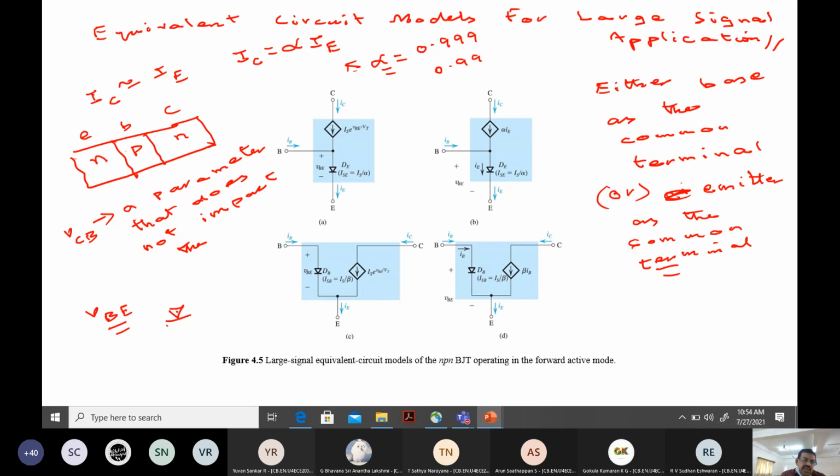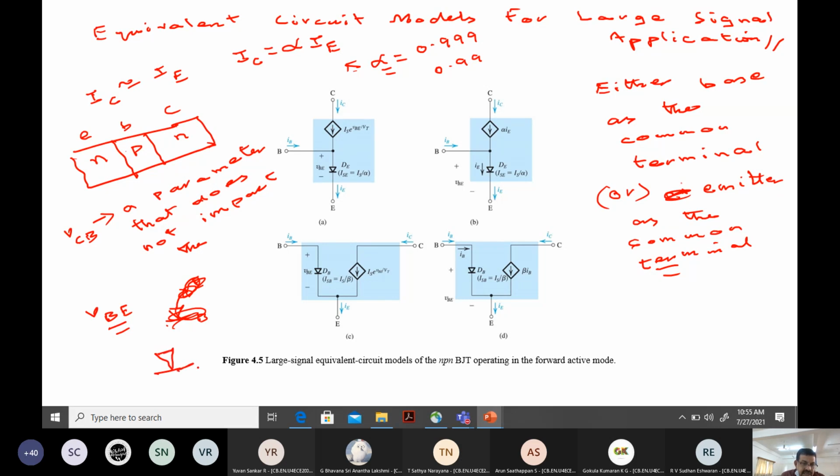When I do this model, let me explain carefully here. We have to be careful. VBE is the base-emitter voltage, and I need to worry about only this junction. This is my N terminal, this is my P terminal.